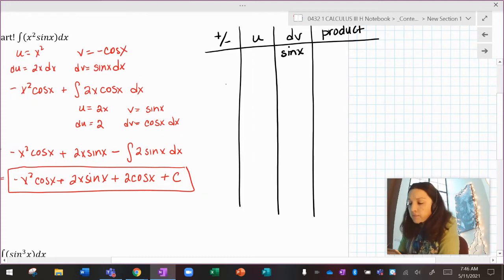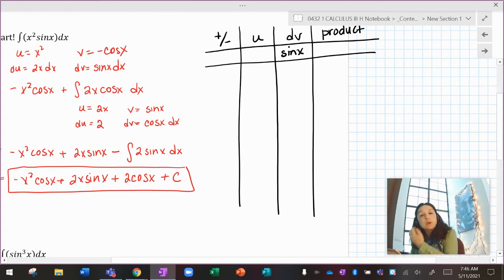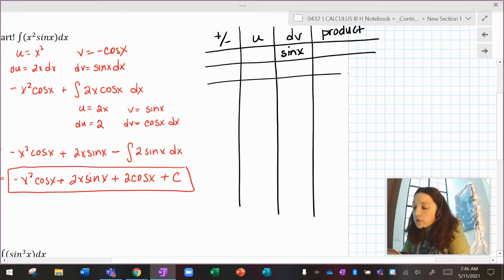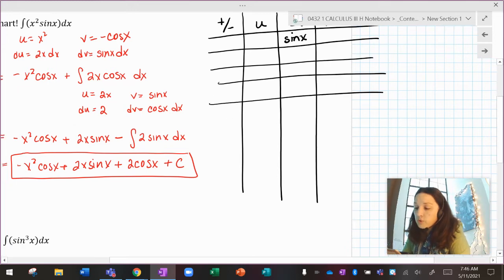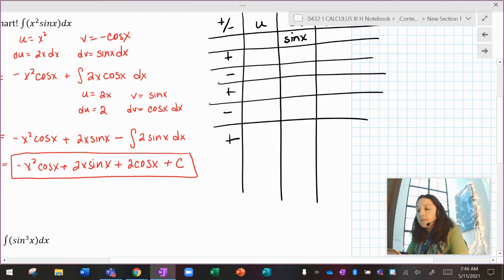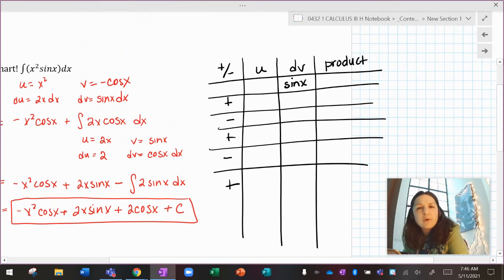That's row number 1. Then, starting in row number 2, you're going to go plus, minus, and just go down a bit because you don't know how far you're going to need to go. Let's see, dv was sine x, so then that makes u x squared. Okay, and now here's how the chart works.